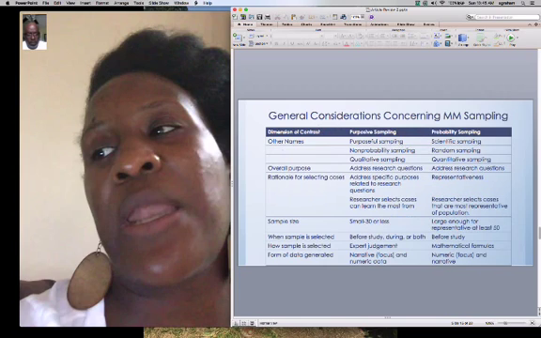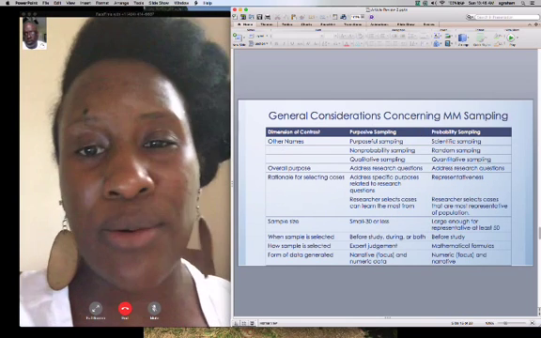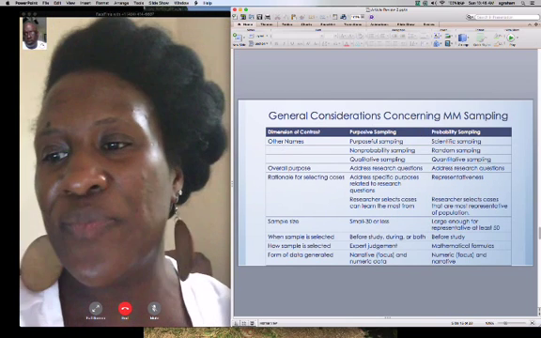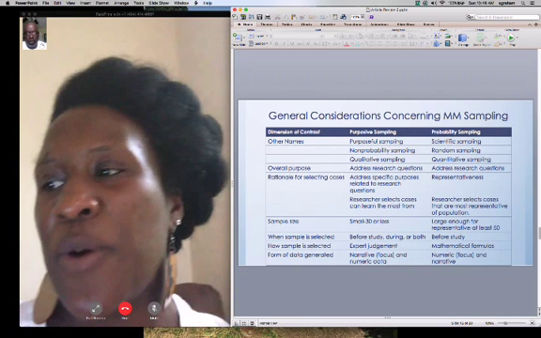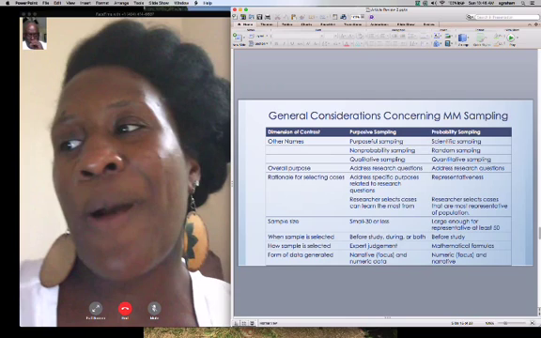But the rationale for selecting specific cases in purposive sampling is to address specific purposes related to research questions, whereas with probability, you want representativeness. The sample size, even with purposive sampling, is small, 30 or less, whereas with probability, you need to have large enough. It needs to be as big as it needs to be in order to be representative of the population that you're researching. But you need at least 50.